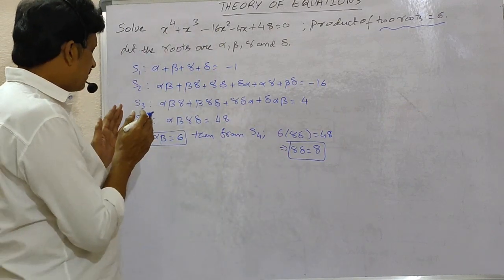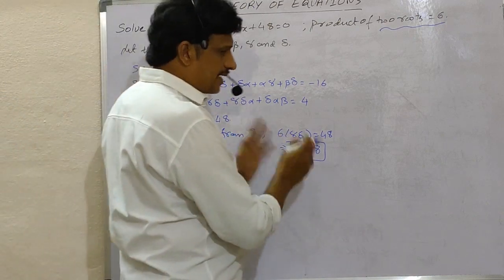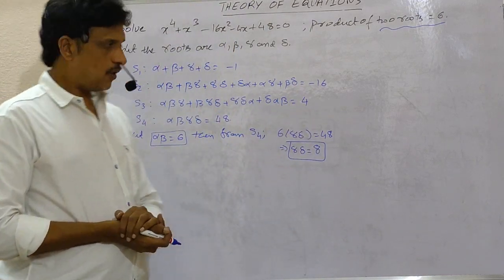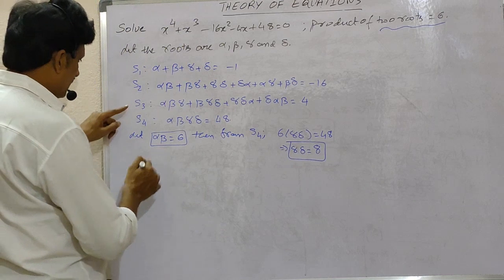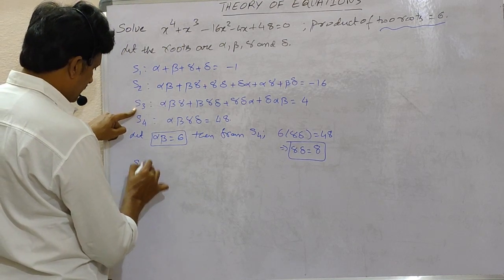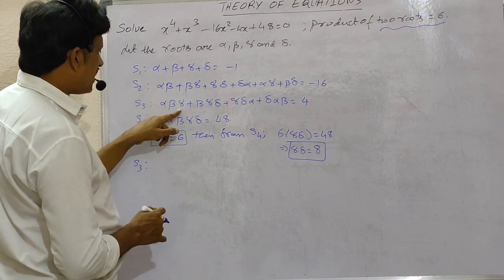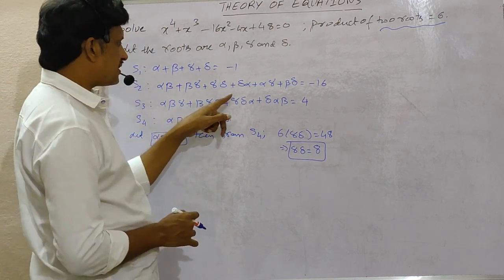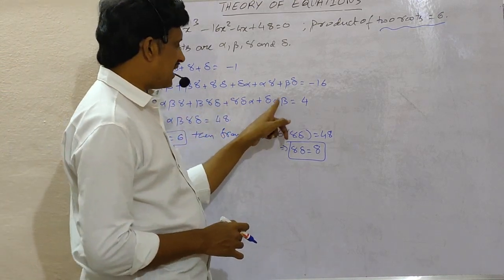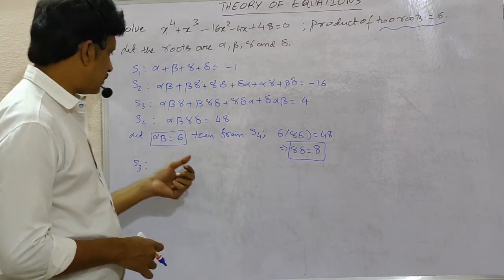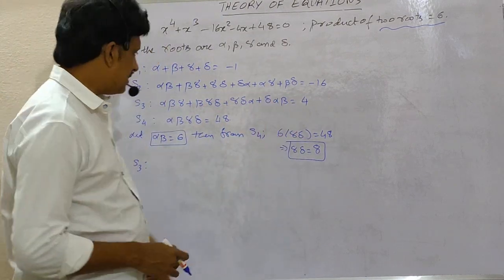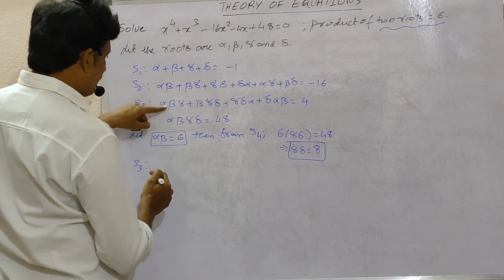Okay then, now we got the values of alpha beta and gamma delta. Then consider S3, in which you can observe alpha beta gamma plus beta gamma delta plus gamma delta alpha plus delta alpha beta, where we have the values of alpha beta and gamma delta. Write the values there.